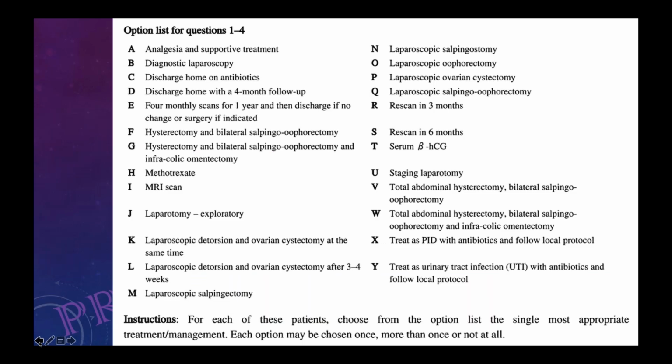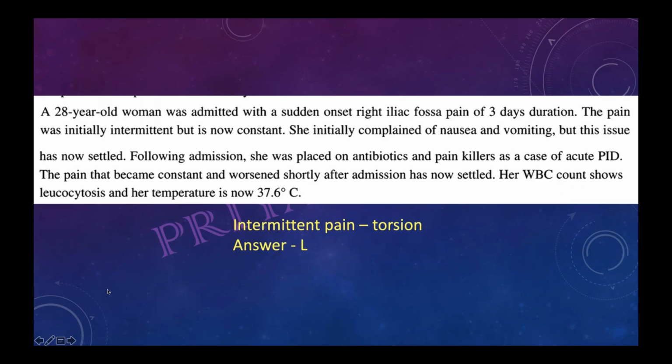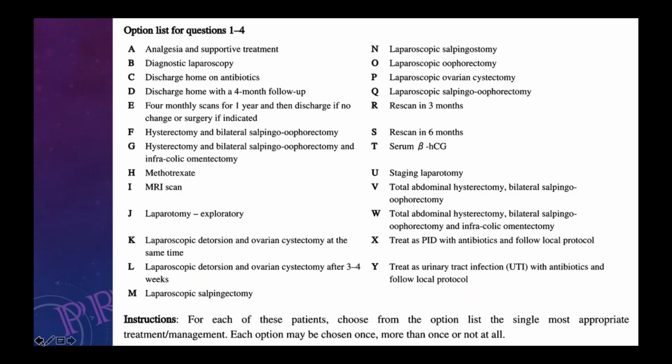What will you do? Intermittent pain is suggestive of torsion. What is the treatment for torsion? Detorsion, ma'am. Yes, detorsion and cystectomy later on. So L is the answer.